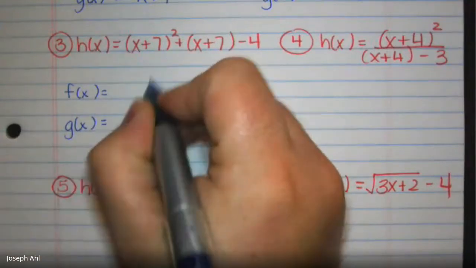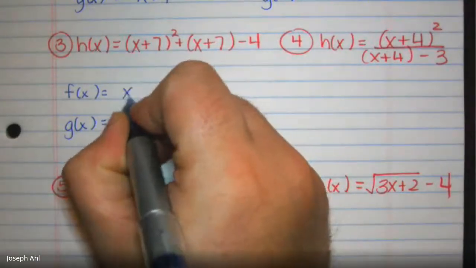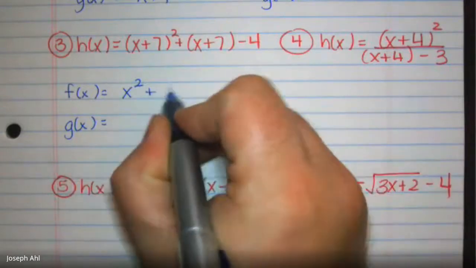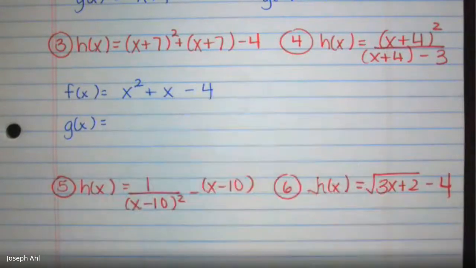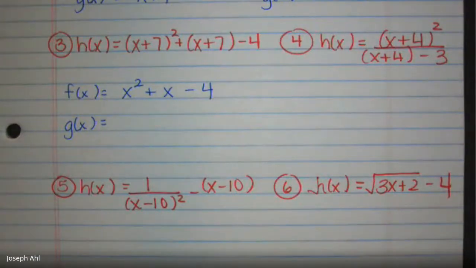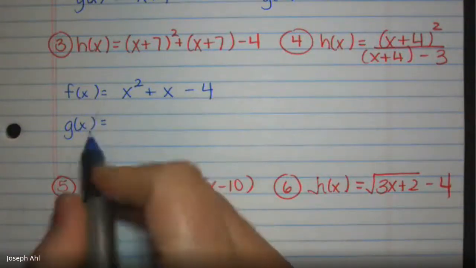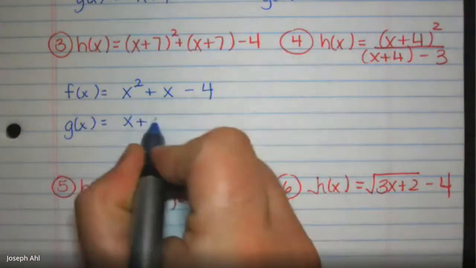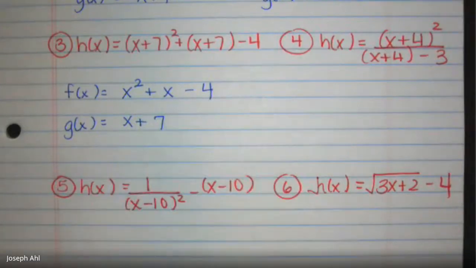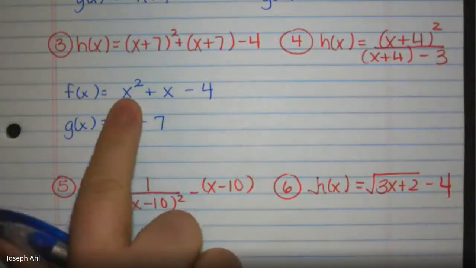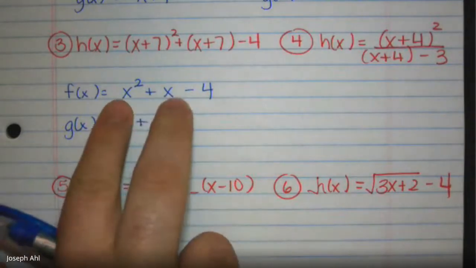So for example, if you let the function f of x equal x squared plus x minus 4, hopefully it would make sense to you to define g of x to be x plus 7. Because then what would happen is I would come up here and I'd replace both of those x's with the quantity x plus 7.